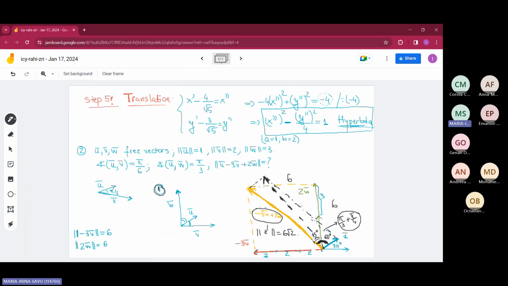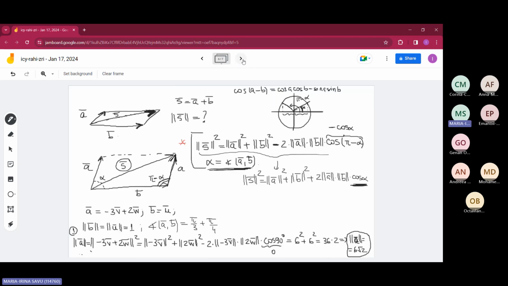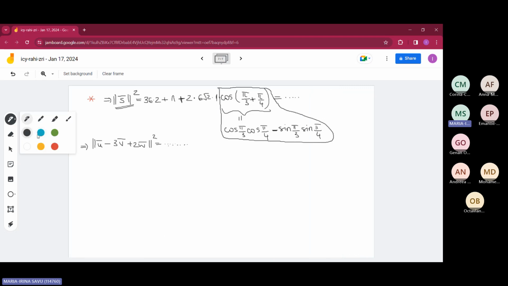And now let's take a look at the second case. So let's see what we should make this drawing. The second case is the following. We have u, which has the length 1.